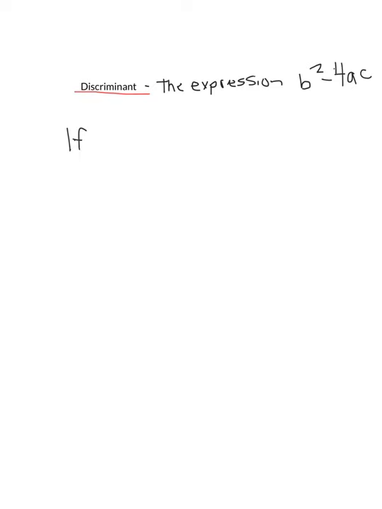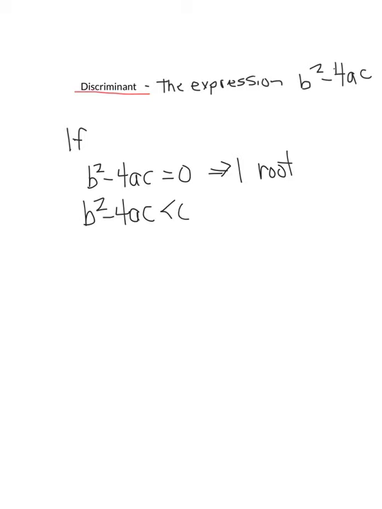Option 1, if b squared minus 4ac is equal to 0, then that means that we have 1 root. If b squared minus 4ac is less than 0, so if it's a negative number, then that simply means we have no roots.